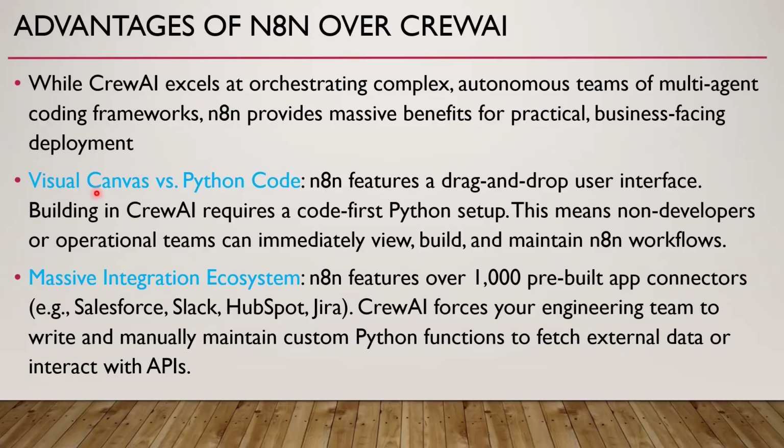So we have a visual canvas in case of N8N, whereas we have a Python code framework in case of Crew AI. We have a massive integration ecosystem in case of N8N.